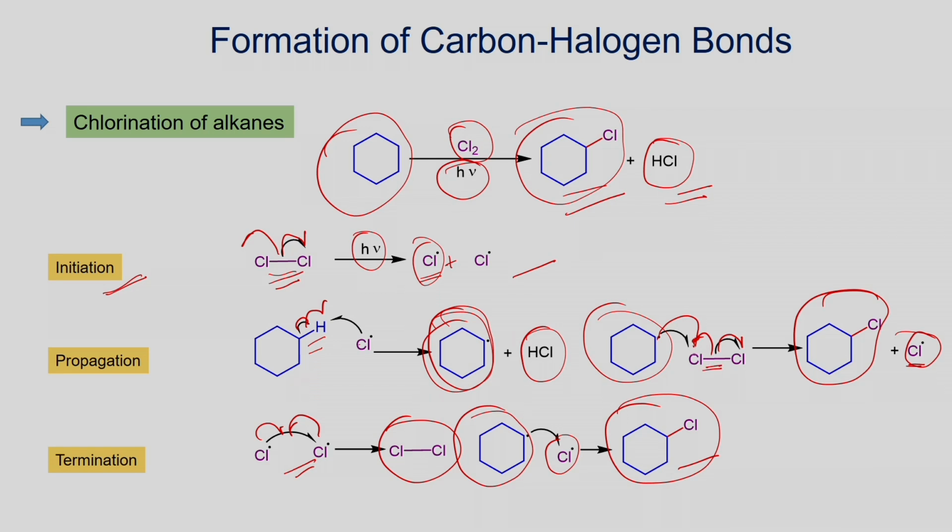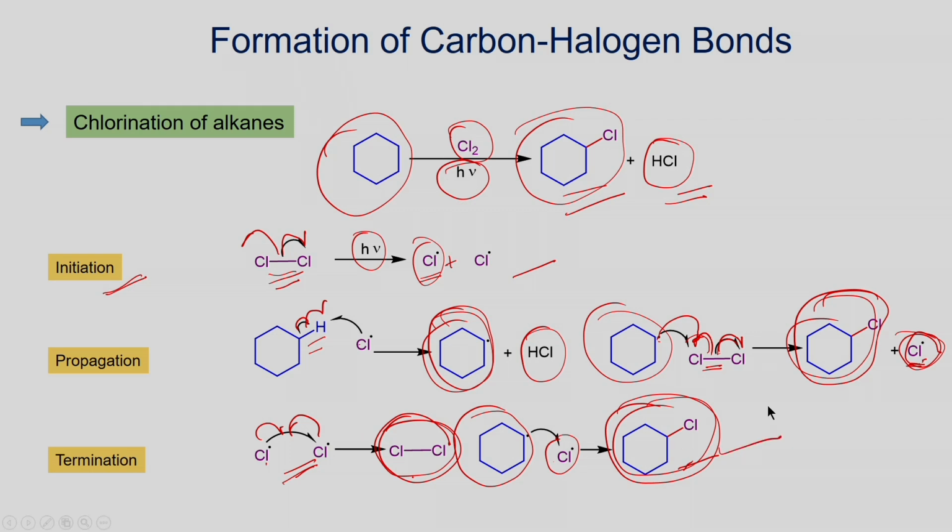Here you have the chlorine; homolytically you can form another chlorine radical. This radical can now combine with another Cl dot as shown here, and you make a neutral chlorine molecule. Alternatively, this radical can also react with the cyclohexyl radical as shown here, and you form cyclohexyl chloride as the product. This is known as termination.